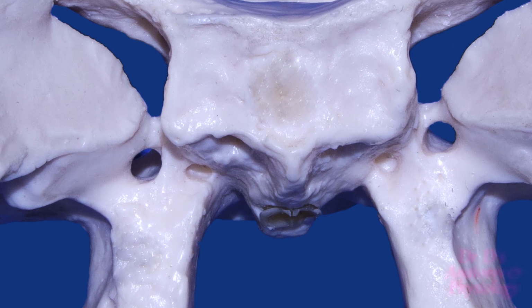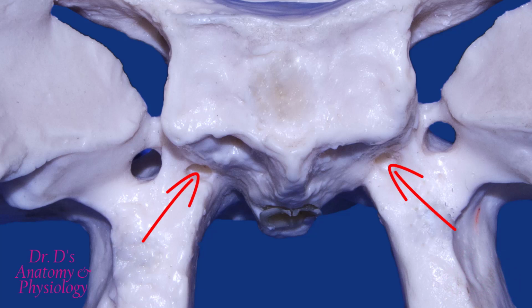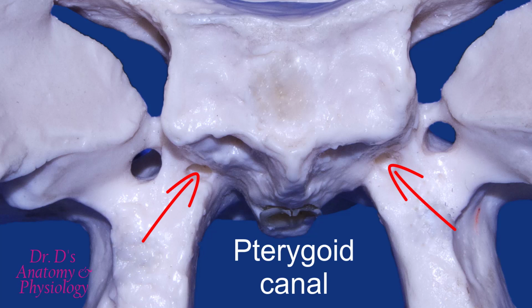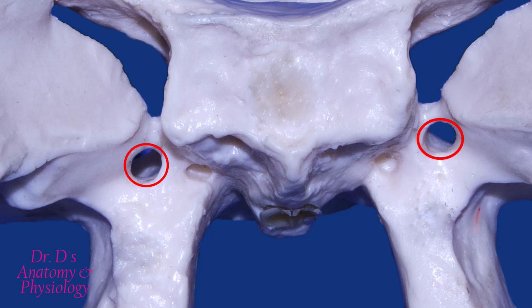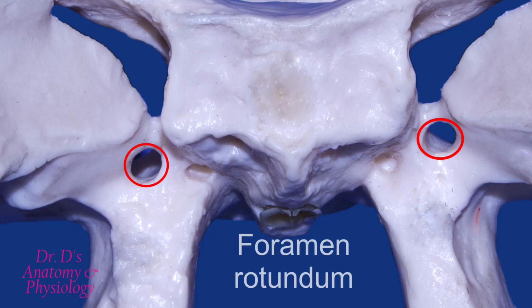First, at the base where the pterygoid processes attach to the body, we have a canal, which is referred to as the pterygoid canal. Also over here, lateral and superior to the pterygoid canals, we have a round opening, and we're going to refer to this round opening as the foramen rotundum, which essentially translates into round opening.